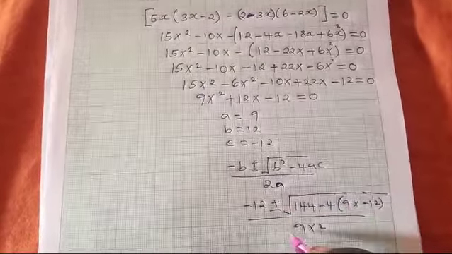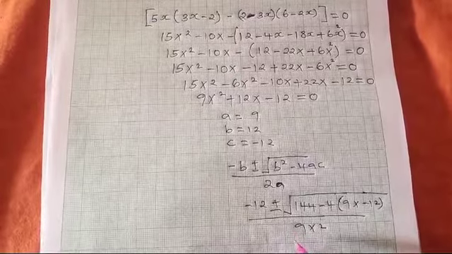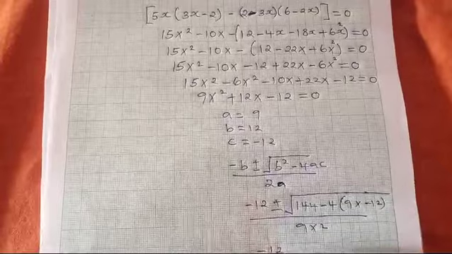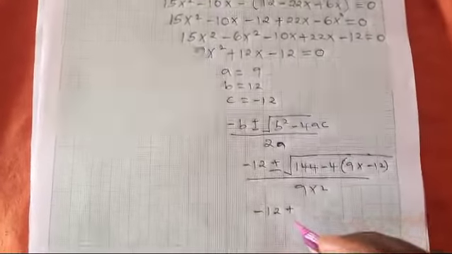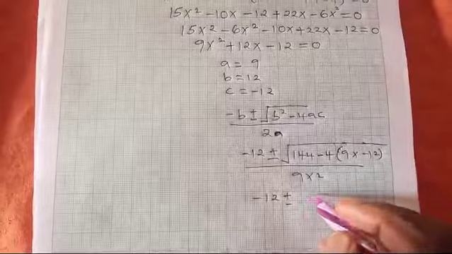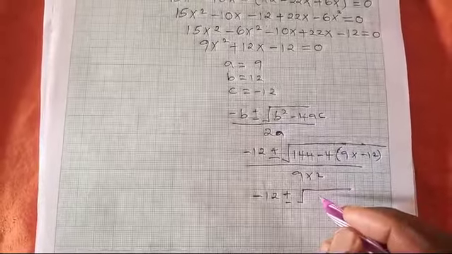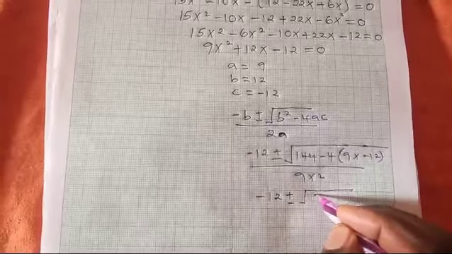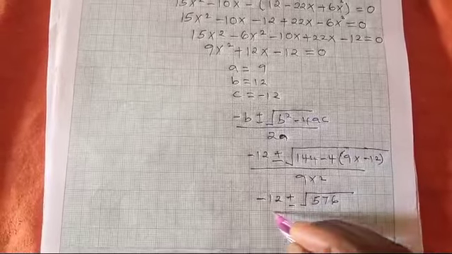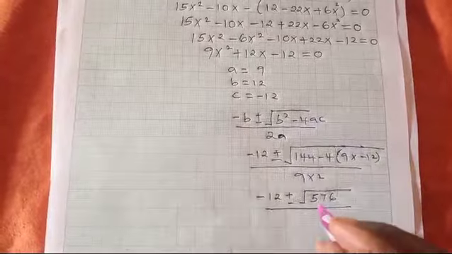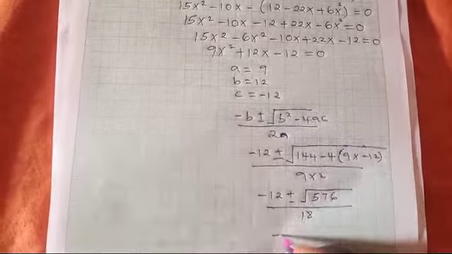When you do this, you get negative 12 plus or minus the square root of 576 over 18.